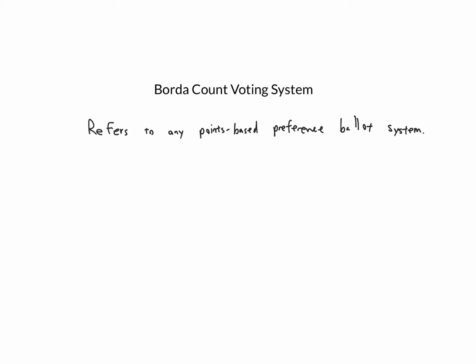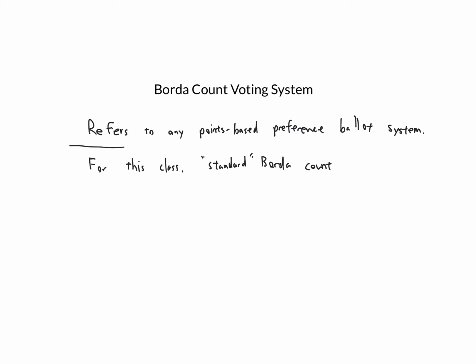Point-based systems like this are used in some countries, like the island nations of Nauru and Kiribati, but they're also used widely in sports rankings, the AP and coaches polls for NCAA points, also for the Heisman ranking, and also for awards like the Oscars. We'll study a common version of this system that we're going to call the standard Borda count voting system.